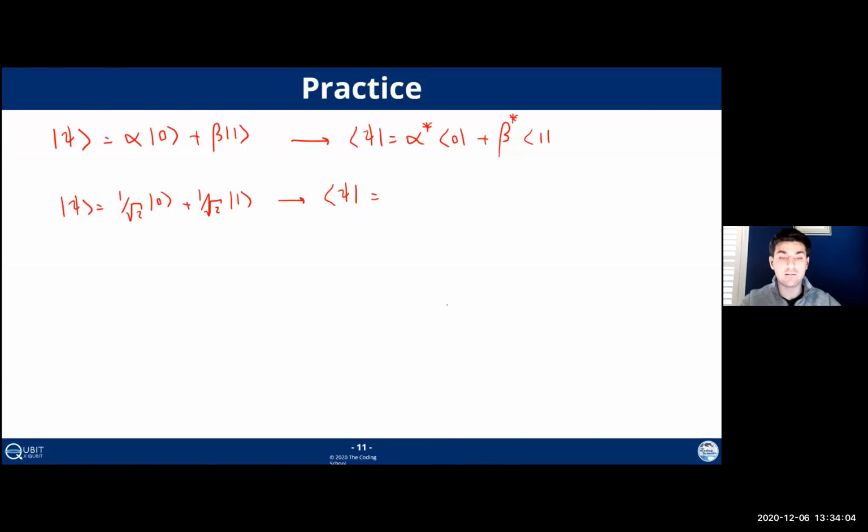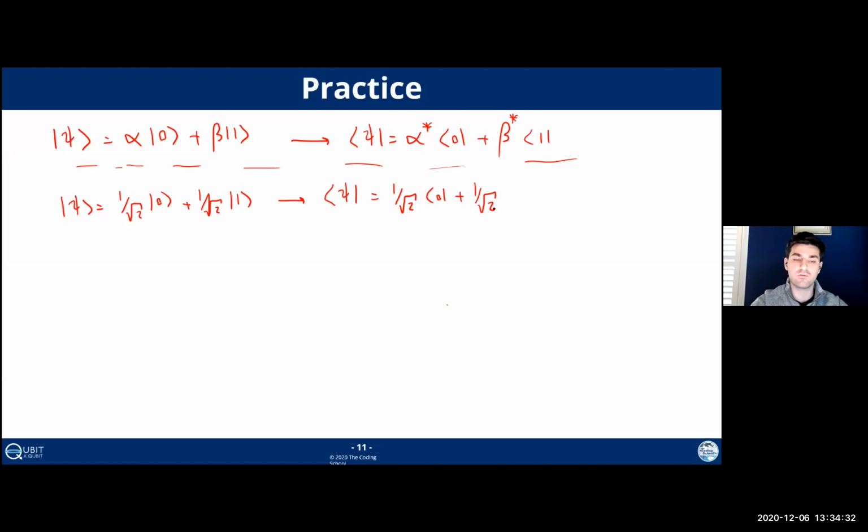Okay, so let's start by writing this in the bracket notation. Just like if we look at the recipe that I wrote on top here, the first part, 1 over square root of 2, is a real number, so the complex conjugate doesn't change anything. So I'm going to have 1 divided by square root of 2 times the bra of 0 plus, again, 1 over square root of 2 is also a real number, so the complex conjugate doesn't change it.